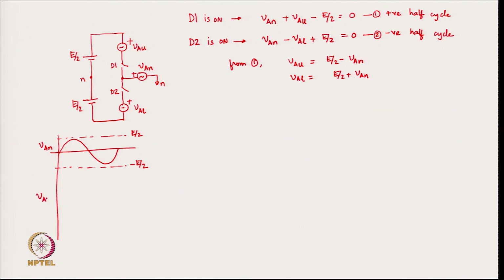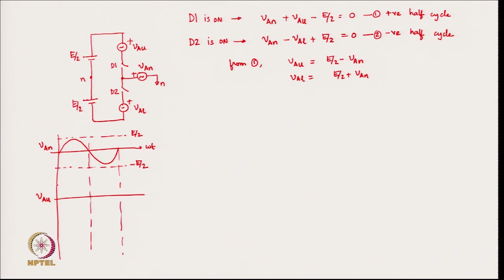If you see here, this is omega t. If you draw the VAU voltage, as you can see, there are 2 half cycles. During the positive half cycle it is E by 2 minus VAN.